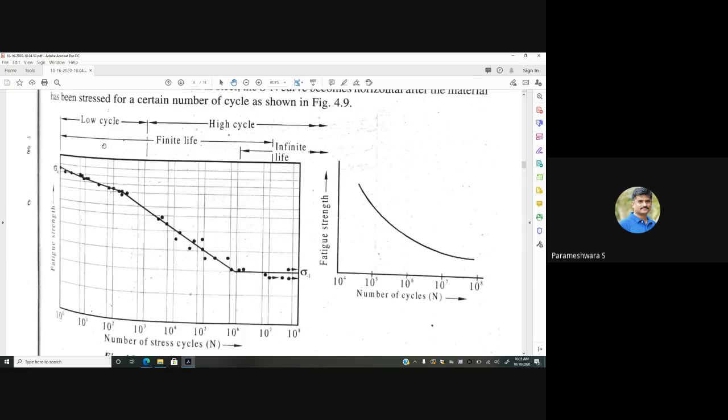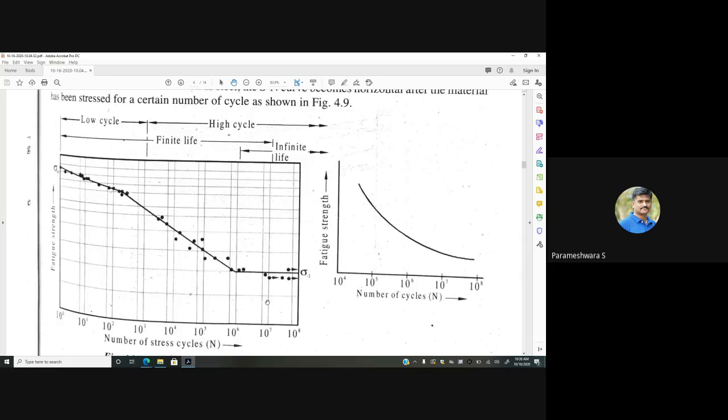So this life cycle can be classified into two regions, that is low cycle and high cycle. Just observe here, when a body is subjected to up to 10 raised to 3 stress cycles, that is considered low cycle, and beyond 10 raised to 3 cycles, it is considered high cycle.